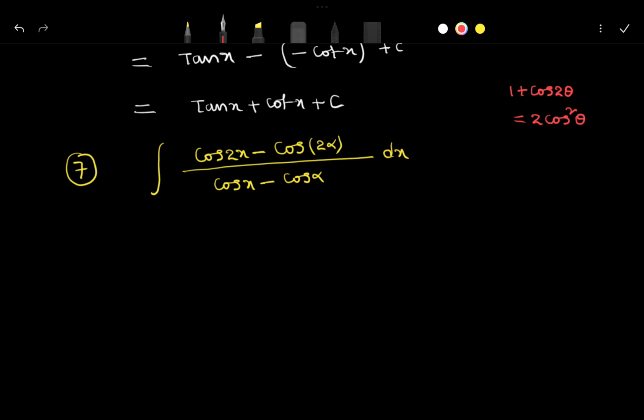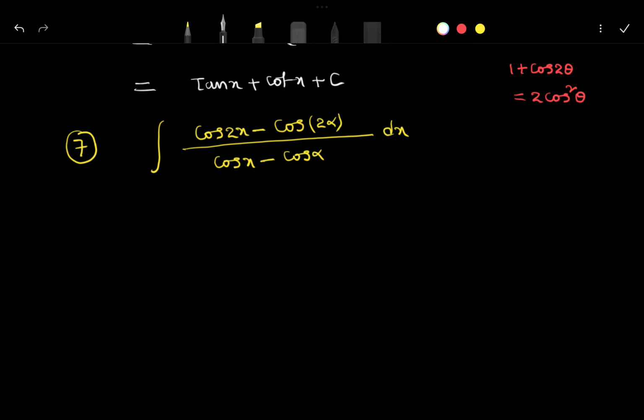By using this one, in the numerator both the terms are in the form of cos 2 theta. So this one we can write as cos 2 theta equals 2 cos square theta minus 1.